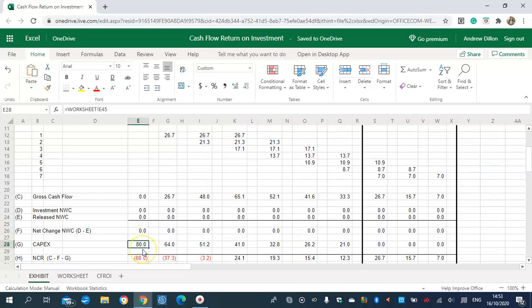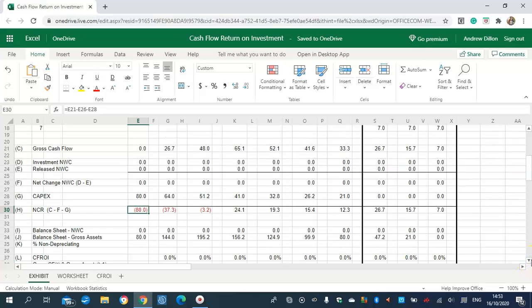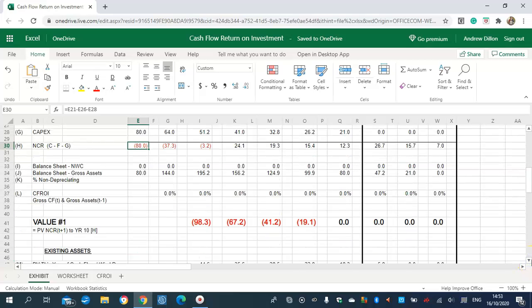Now go into the capex and CR. Balance sheet equals worksheet D50, equals worksheet D51 for balance sheet for gross assets.